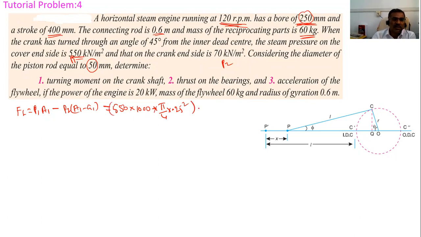P1 A1 minus P2. P2 is equal to 70 into 1000 multiplied by, within bracket, small a1, that is pi by 4 into 0.25 squared minus the piston rod area, with diameter 50 mm, so pi by 4 into 0.05 squared.